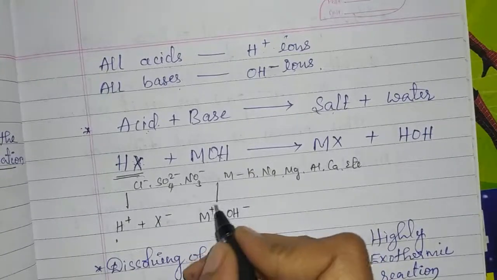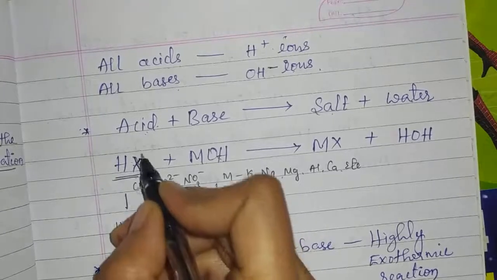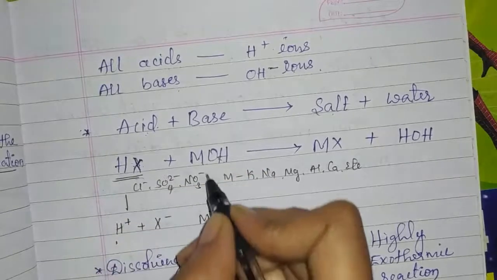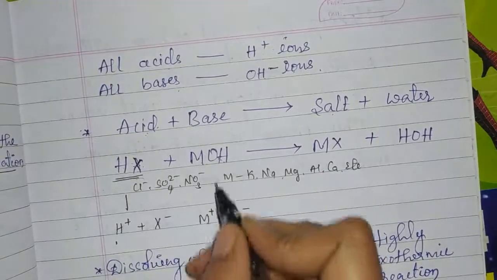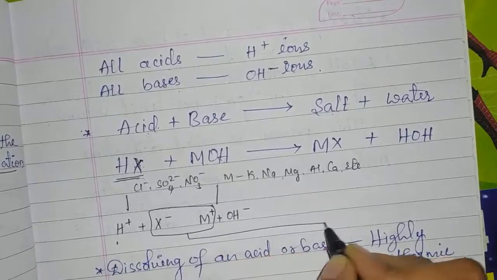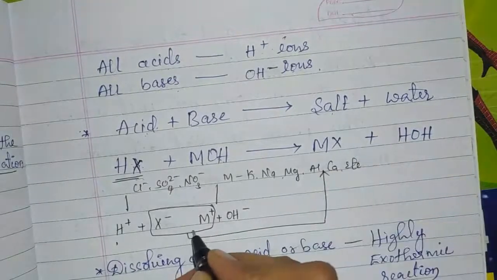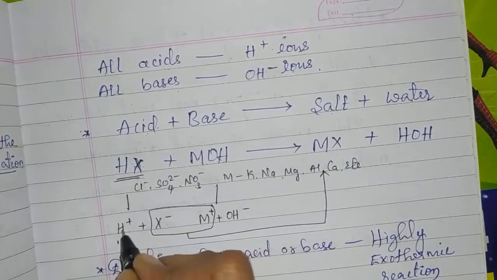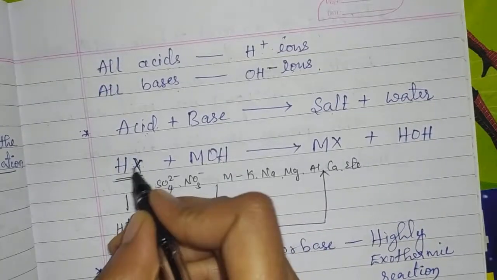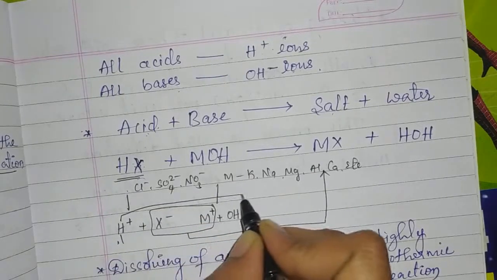The X minus, the anion from the acid, will combine with the cation, the metal ion from the base, and they will form salt like MX.